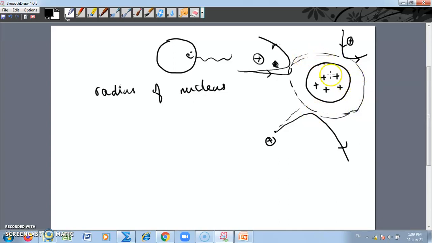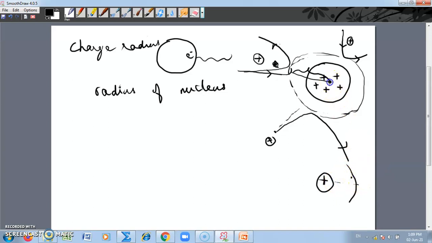This is actually not the radius of the matter of the nucleus. If I take this to be the center, this portion only denotes the charge radius. There is something called the charge radius, because if I have a charged particle, its effect is felt up to a certain area, and the intensity falls with distance.